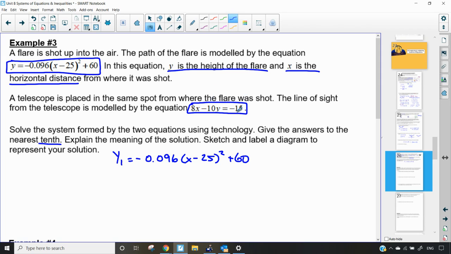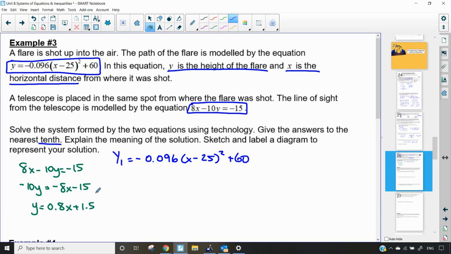For our second equation, we're going to have to rearrange that to put that into our calculator. So I'm going to take that 8x minus 10y equals -15, and I'm going to rearrange it. So I'm going to have -10y equals negative 8x minus 15. Divide by negative 10 on both sides, and I'm going to have 0.8x plus 1.5.